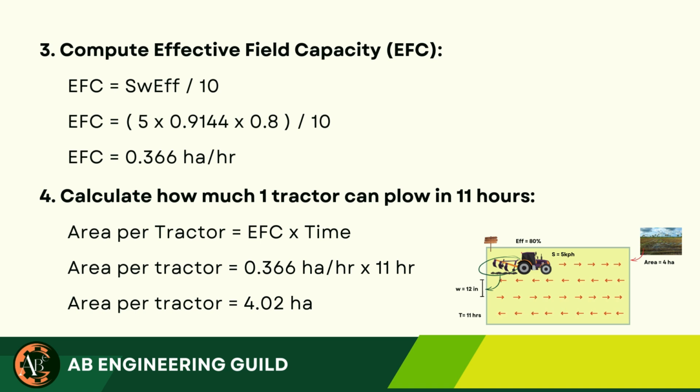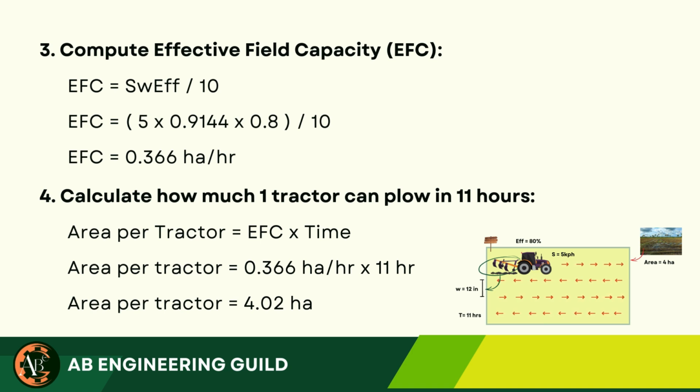In the real world, plowing isn't perfectly efficient. There are turns, overlaps, and adjustments that slow things down. That's why we apply a field efficiency factor. In this case, the efficiency is 80%, or 0.80. To account for this, we calculate what's called the effective field capacity. This tells us how much land can actually be plowed per hour, considering real-world conditions.